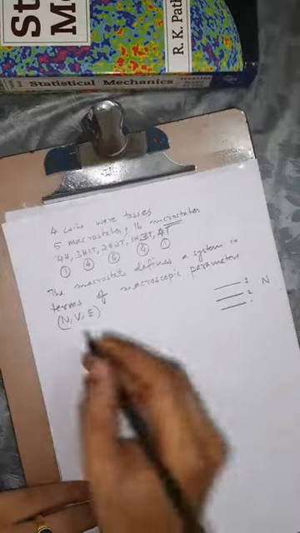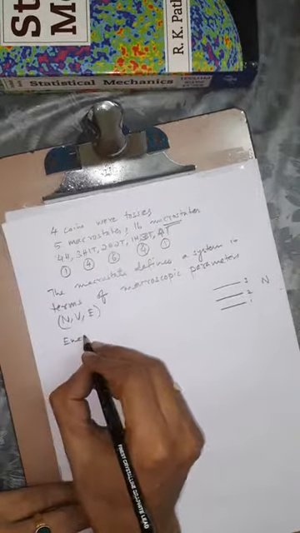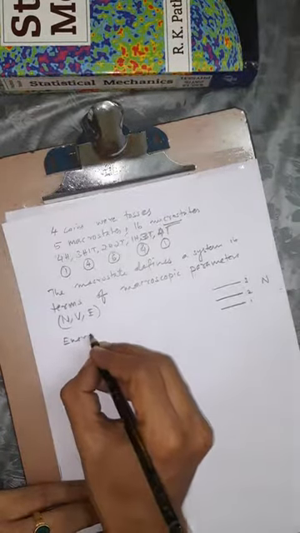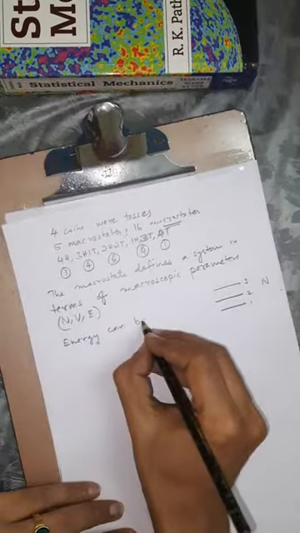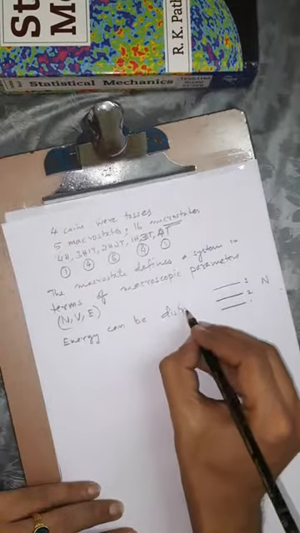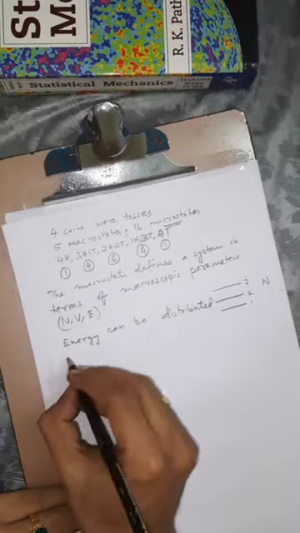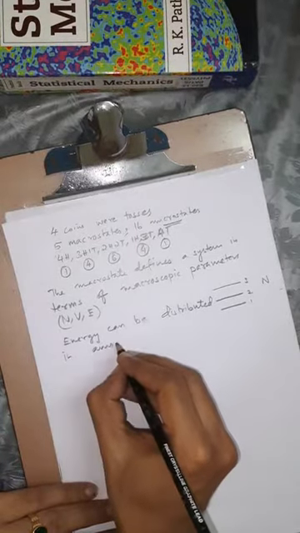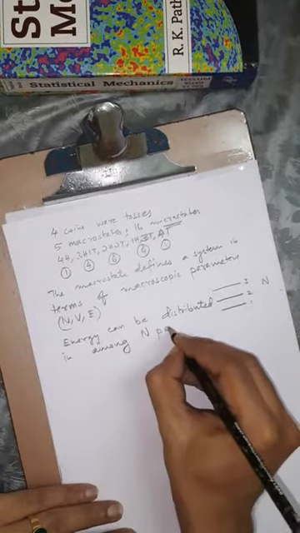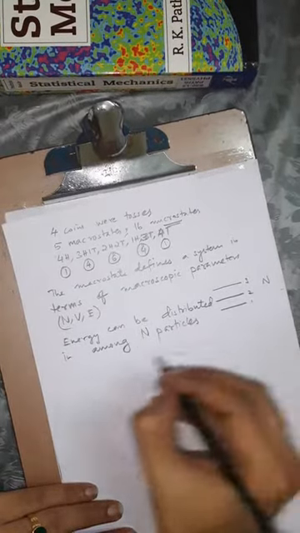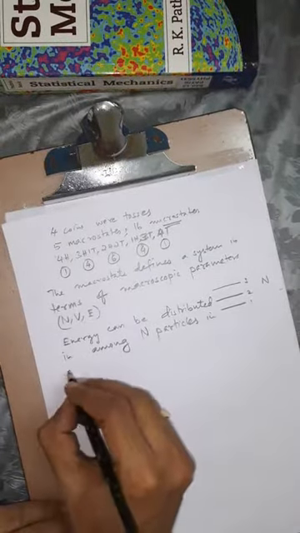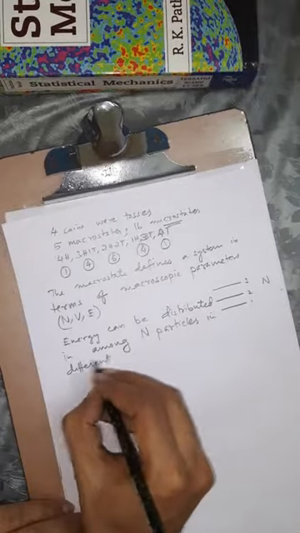So in that situation, I can tell that this energy can be distributed among N particles in different ways, right?